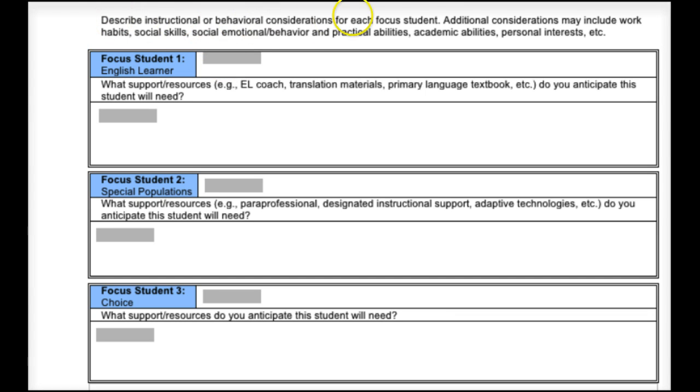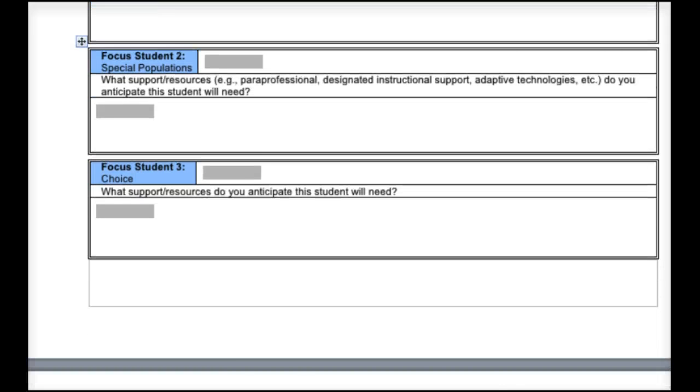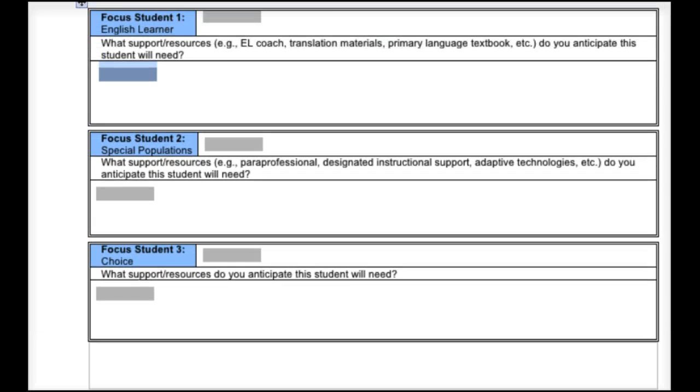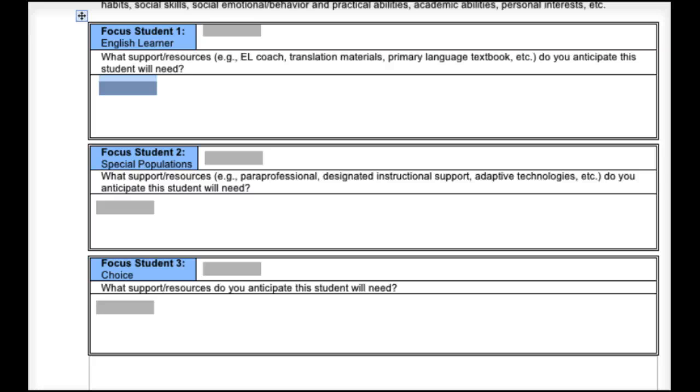Describe instructional or behavioral considerations for each focus student. So I'm going to list the name and then clearly what support resources do I anticipate this student will need. This allows me to really think through, based upon where this student scored on the entry-level assessment and what I know about this student, what are the support and structures that I'm going to put into place as this inquiry continues to unfold.